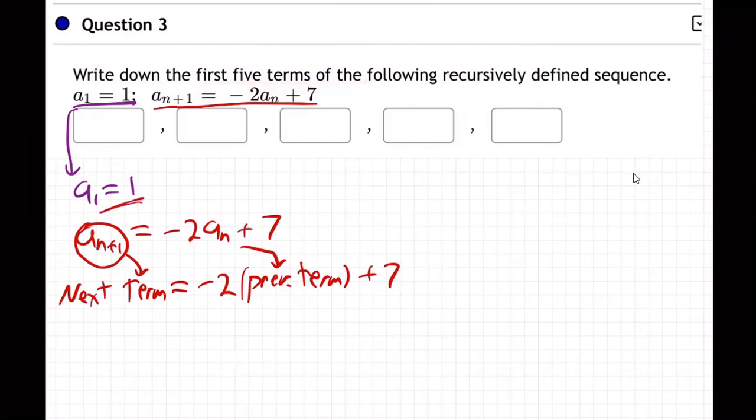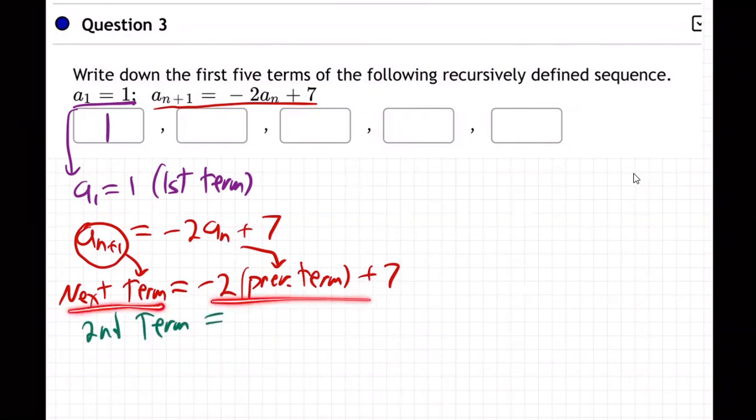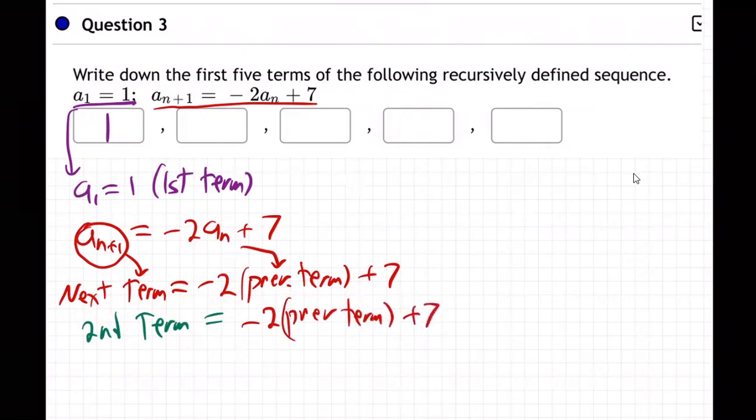Okay, what's the first term? Well, right here they're telling us this is the first term, right? A sub 1, that means first term. It's just 1. Okay, so how do we find the second term? The second term is going to be what? Well, it says right here, any next term is minus 2 times the previous term plus 7. So it's going to be minus 2 times the previous term plus 7.